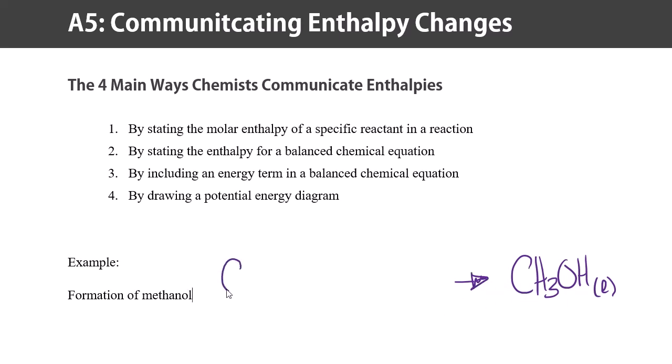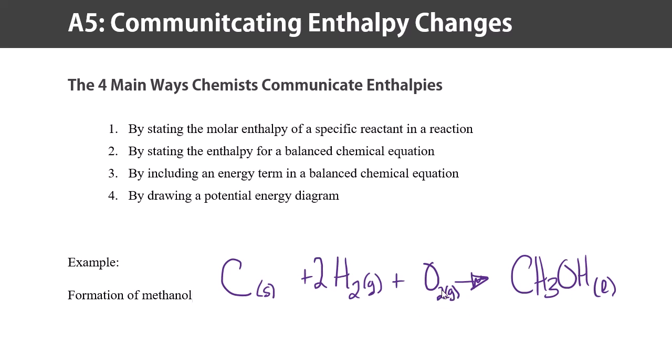So we're forming it from carbon, which in its elemental state is a solid, and hydrogen, which comes as a diatomic gas, and oxygen, which also comes as a diatomic gas. And if we're going to balance this chemical equation, we've got 1 carbon, 1 carbon, got 4 hydrogens over here, 2 times 2 is 4. We've got 1 oxygen over here, we've got 2 over here.